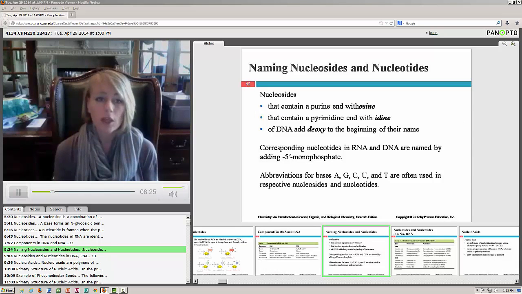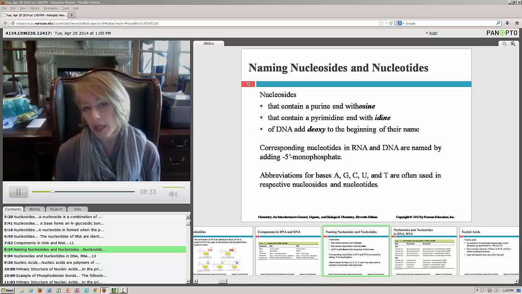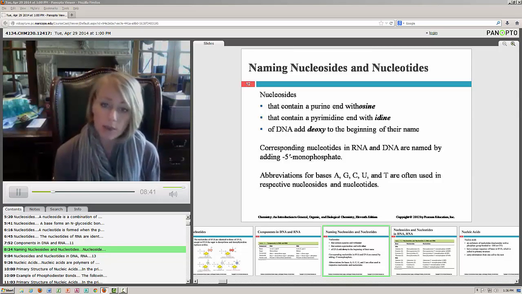Okay, so nucleosides will contain a purine or a pyrimidine, and your endings will either end with SINE if it is a purine, and IDINE if it's a pyrimidine. Remember to add the deoxy at the beginning of all the names if DNA is the type of sugar that is present within the nucleoside.